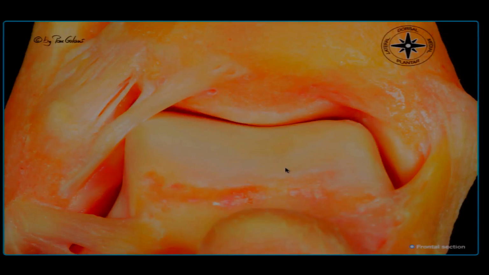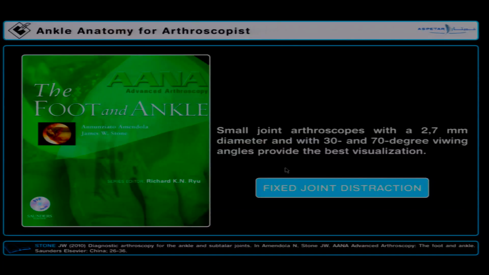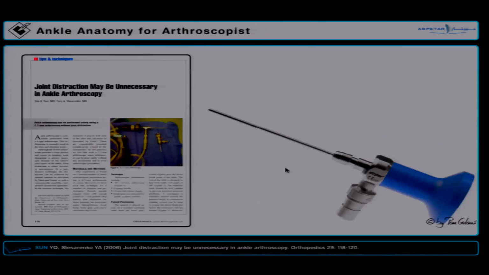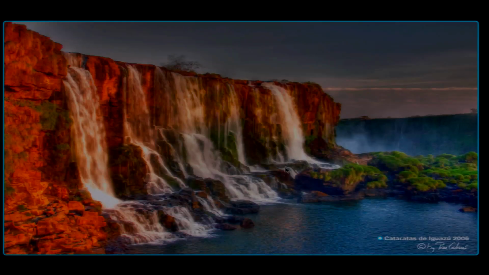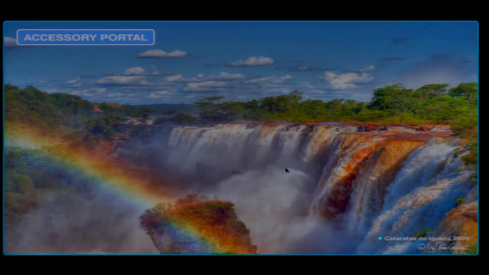Nevertheless, ankle arthroscopy in the majority of procedures can be performed better and more effectively without routine joint distraction. On the other hand, some authors recommend using a small arthroscope with or without distraction, but the supply of saline fluid in the joint will be insufficient. In this case, an accessory portal is necessary.